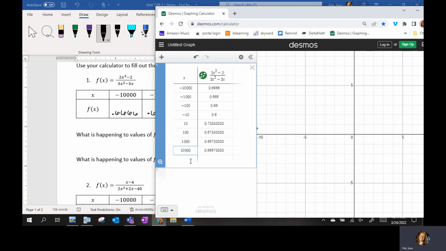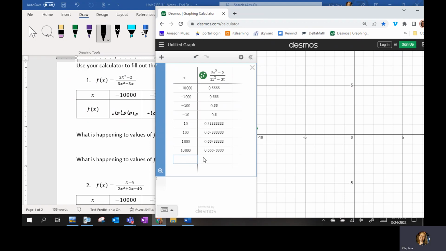And as I type those, notice the y value or the function value automatically filled in for us. Okay, and those are the same numbers we got in the graphing calculator, right? So you can see them all together at once, whatever x values you want. So I prefer Desmos. If you want to use a different calculator, that's okay, you can. I think Desmos is just easier and quicker.